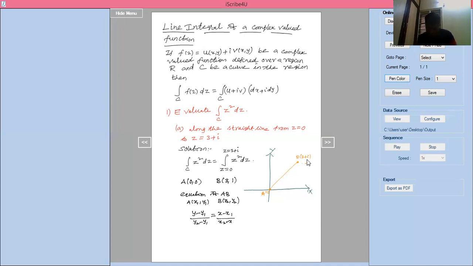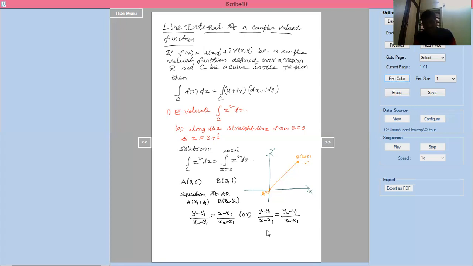Or you can write it as (y minus y1) divided by (x minus x1) equal to (y2 minus y1) divided by (x2 minus x1).